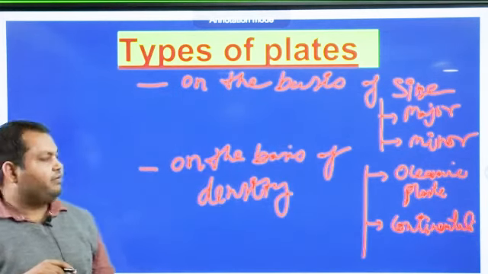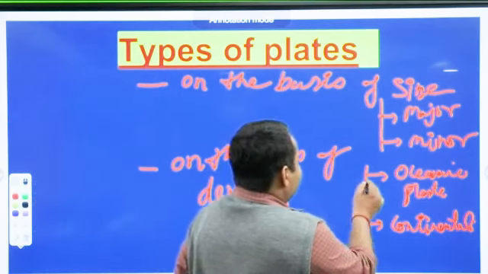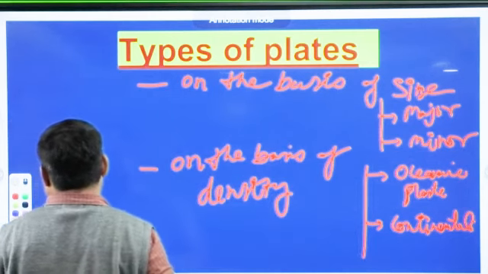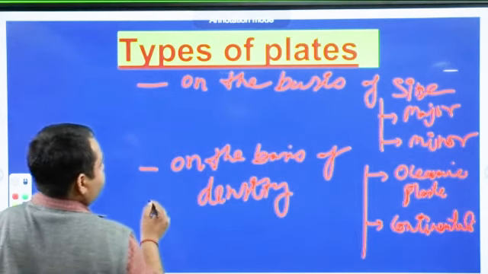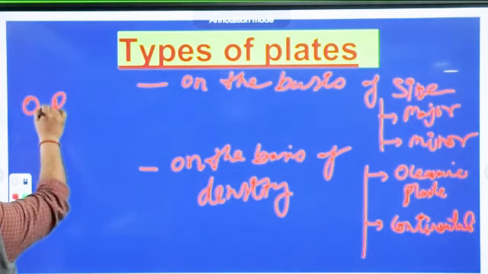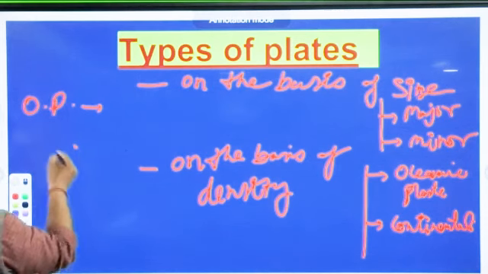You all must be well aware of these two plates. Oceanic plates are thinner. Oceanic plates are thinner and denser.